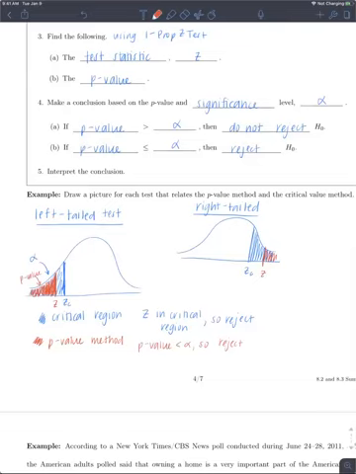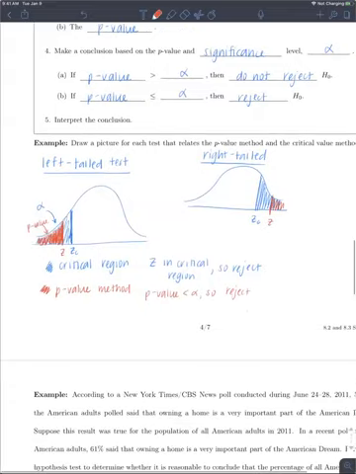So when p is less than alpha, that's when you reject. Here, this is the p-value and this one is alpha. Don't think about it in terms of the number line, because these are not representative of numbers. If you look at the area, you can see that the red piece is smaller than the blue piece, and so your p-value is still less than alpha.